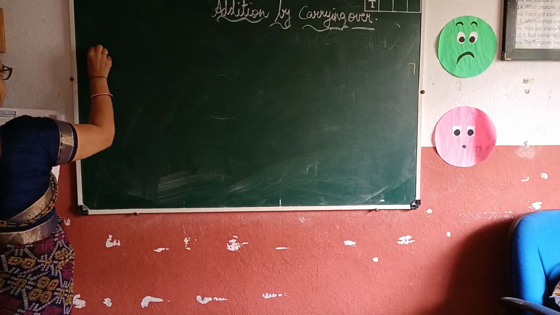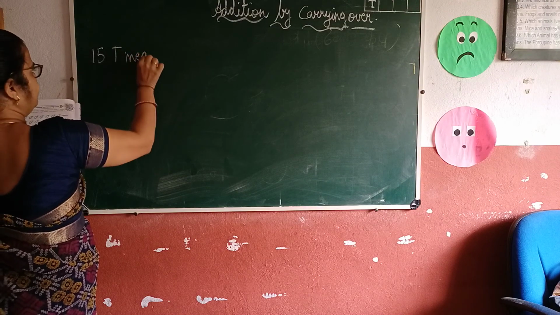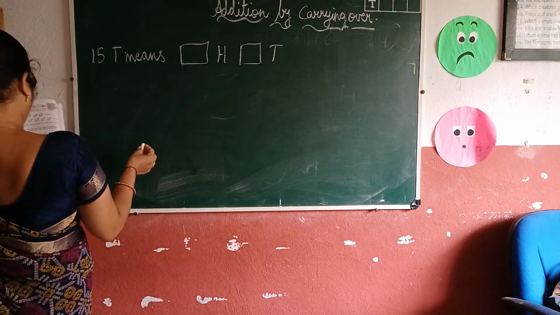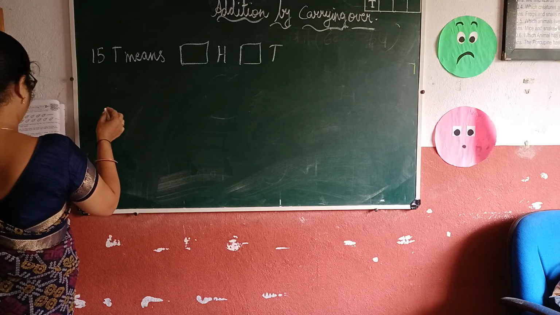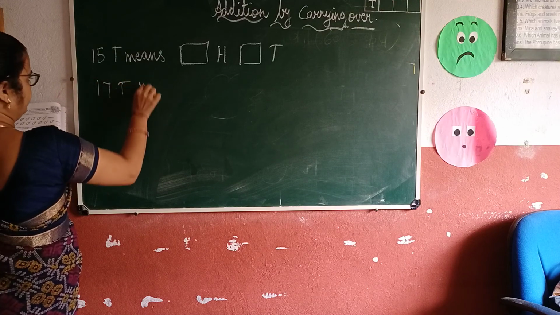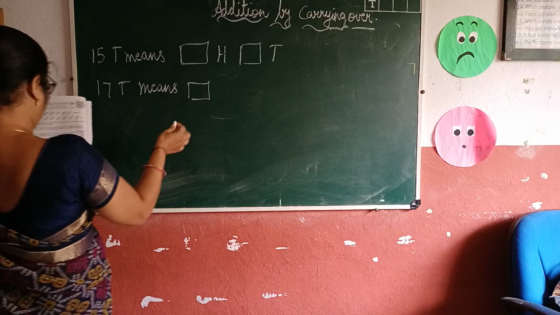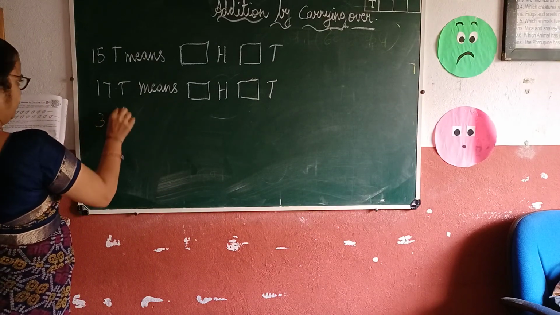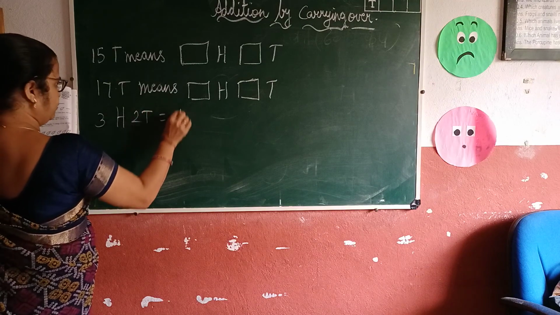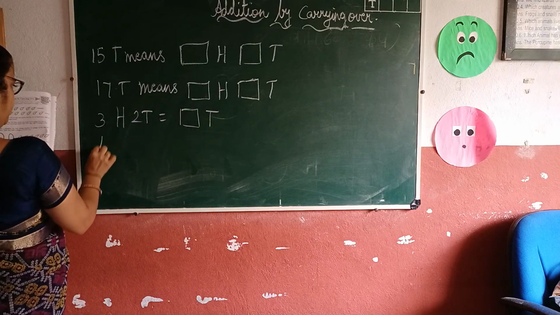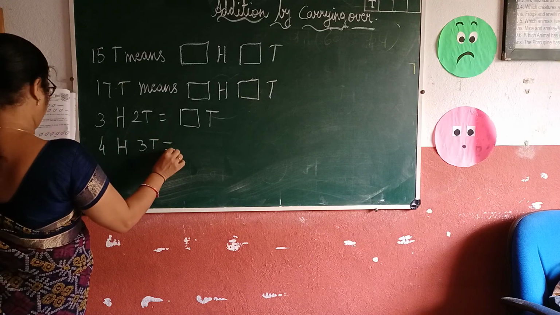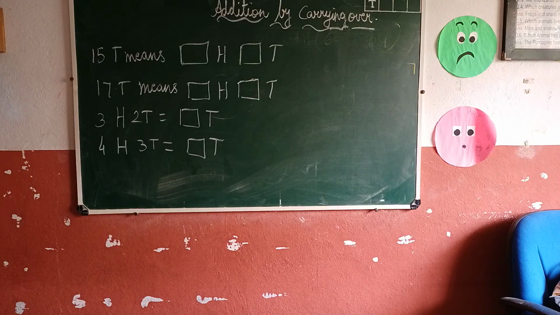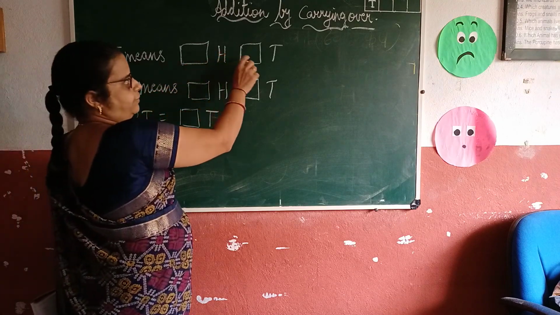So look here. 15 tens means dash is equal to 100 dash tens.